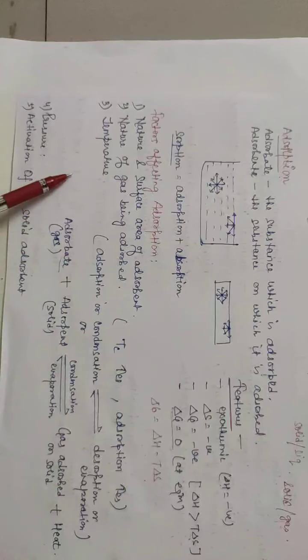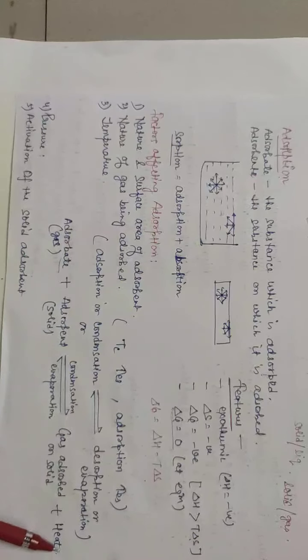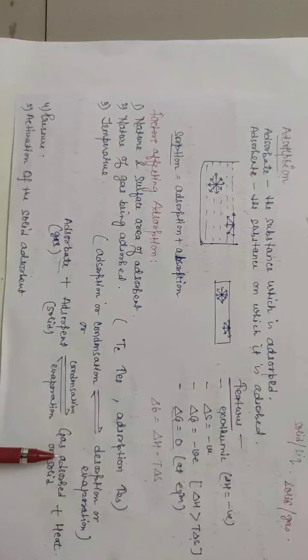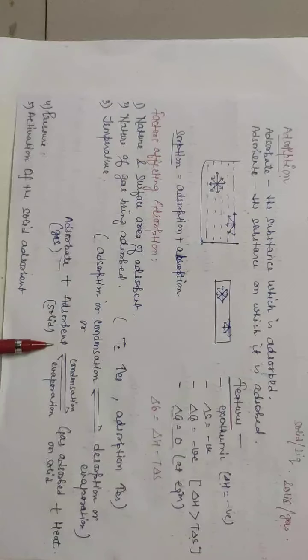So when we increase the temperature, since the process is an equilibrium process, it will try to decrease the effect of temperature. So the process will proceed in the reverse direction. That means desorption will occur.